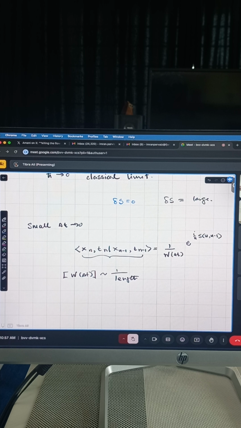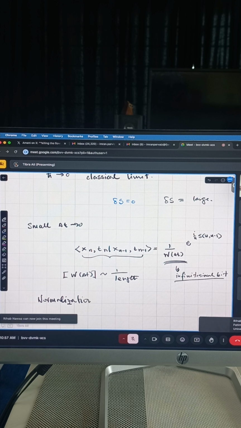He wanted to get to quantum mechanics, and the assumption was that this normalization factor, remember, this is a normalization factor for the infinitesimal bit, not the normalization factor for the whole path integral, is independent of the potential.